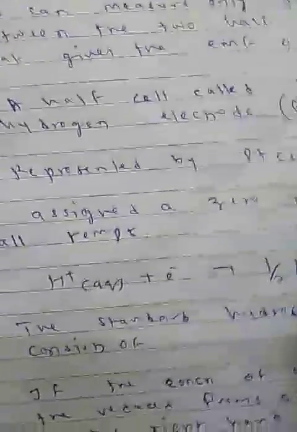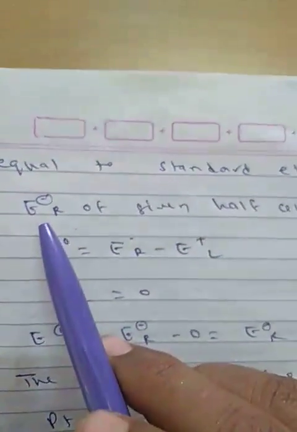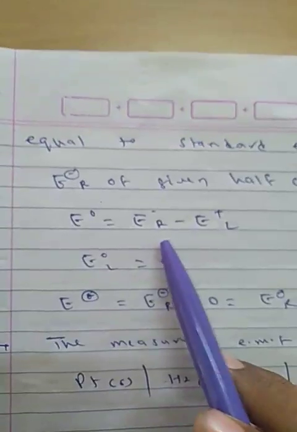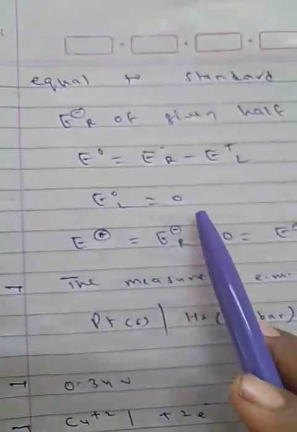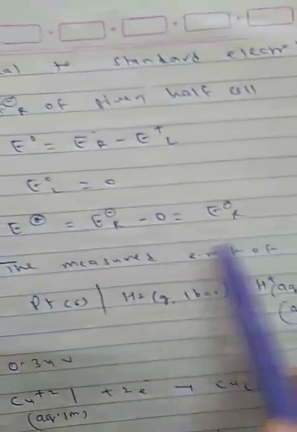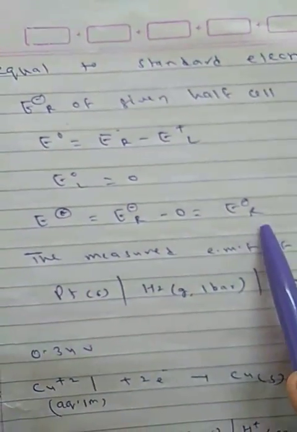You see, it is represented by E0 of a given half cell. E0 cell is equal to E0 right hand side minus E0 left hand side. If I am keeping the hydrogen electrode on the left hand side, then that value is 0. So by putting this value in this equation, you get E0 cell equal to E0 right hand side.